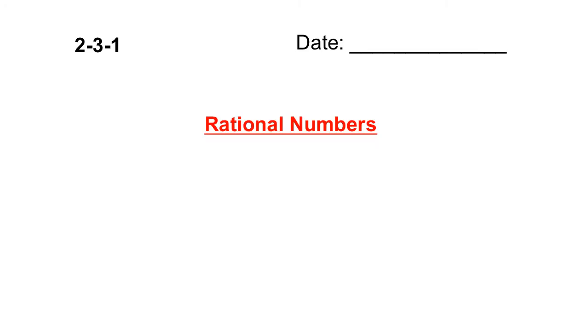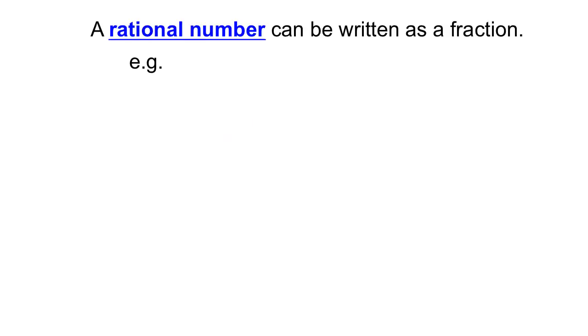In this lesson, we're going to be talking about rational numbers, what those are, and what to do with them. A rational number can be written as a fraction. For example, the number 4.4, the number 25, the number -2, and the square root of 9.